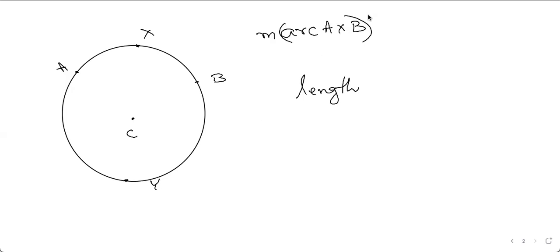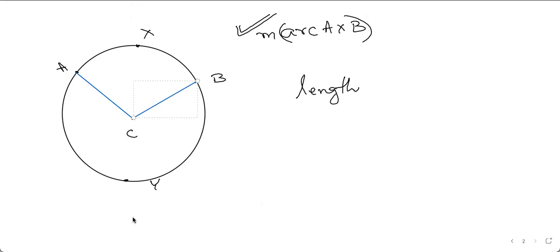That will be the length of the arc. But it is a little bit cumbersome. So there is another way to measure the arc, and that measurement is done with the help of something that is called the central angle. The arc is measured using the central angle.